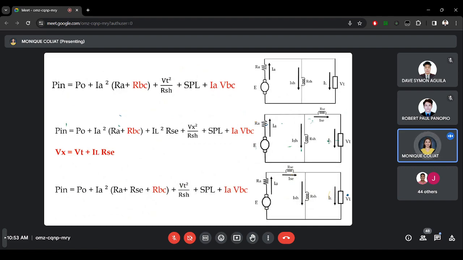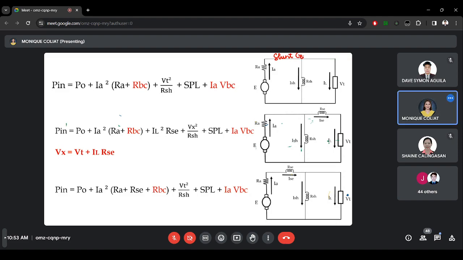Okay, so what is this generator? Anong generator to? Pinakauna. Shunt generator.